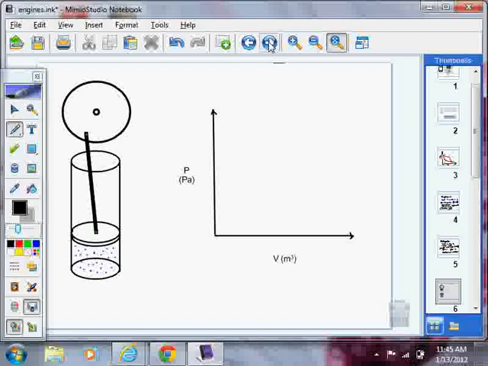Yeah. So, basically, ladies and gentlemen, we're going to try to make our simple little cylinder with a gas in it an engine. And basically, it's not going to be a 4-stroke engine. It's going to be a 2-stroke engine. The piston's going to go up, and it's going to go down, and then we want the process to start all over again.